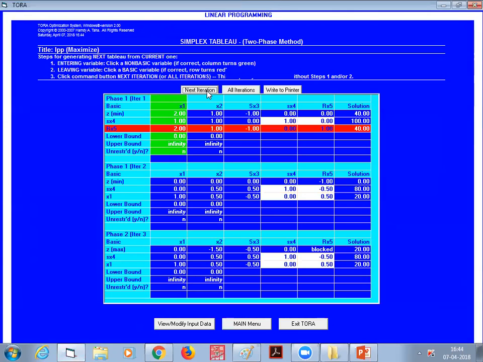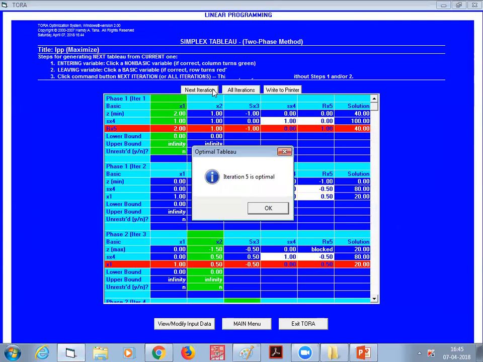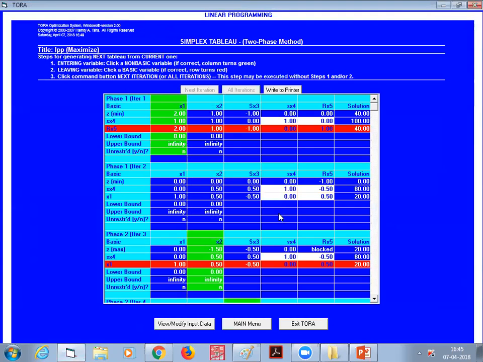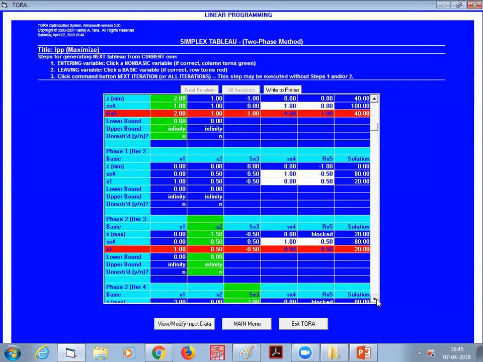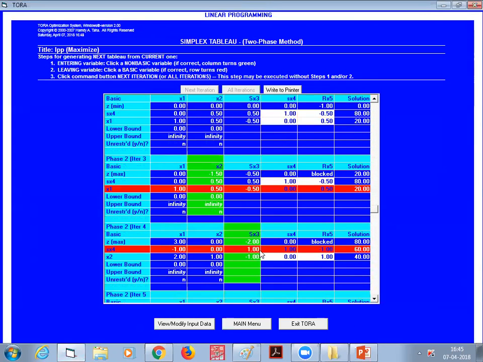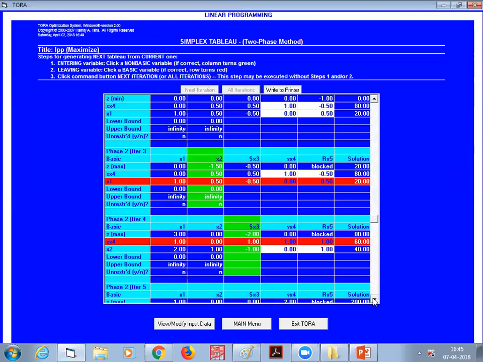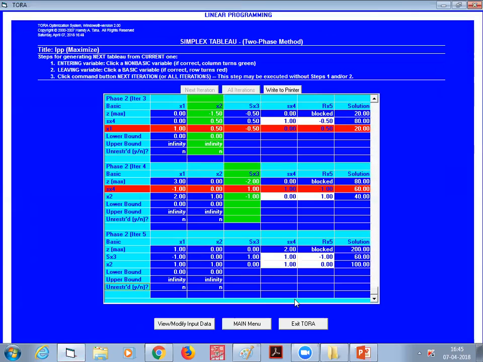X2 will come in next. And then in the next iteration, we'll get the optimal solution. It's further down. So x2 has come in, then s2 will come in next, and finally we get the same thing.